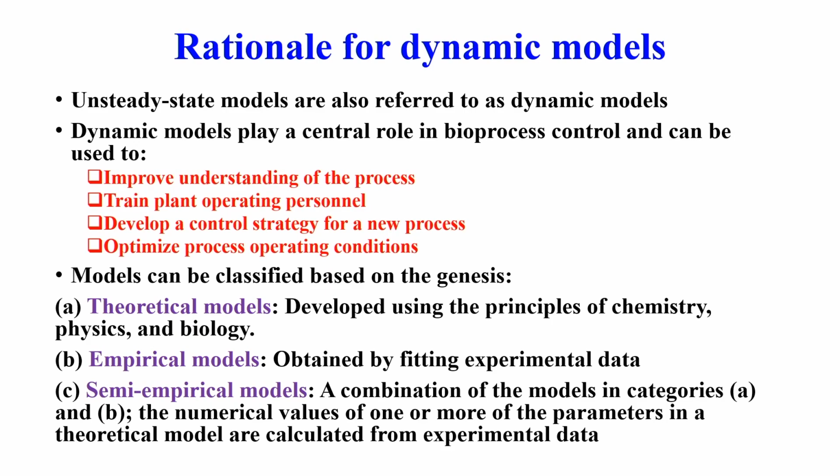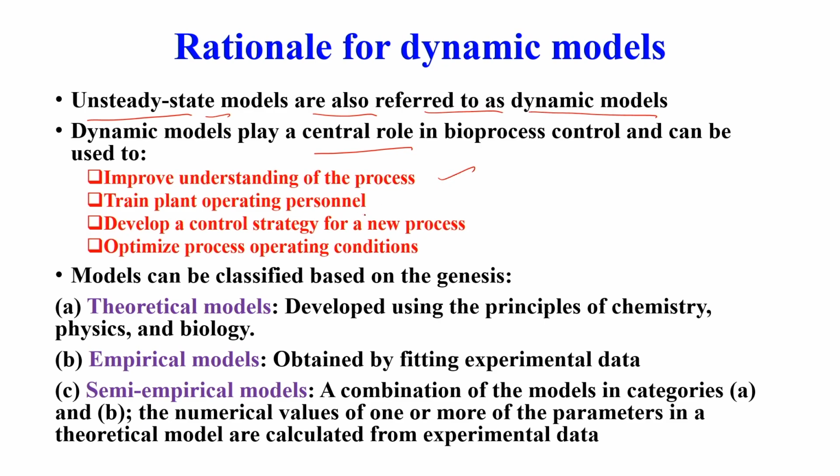So what is the rationale for dynamic models? Typically when we say it is changing, we are talking about unsteady state. Unsteady state models are also referred to as dynamic models, and they play a central role in bioprocess control and can be used to improve understanding of the process, how it is progressing.